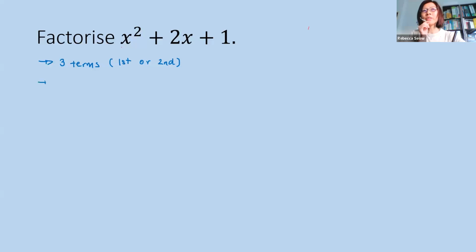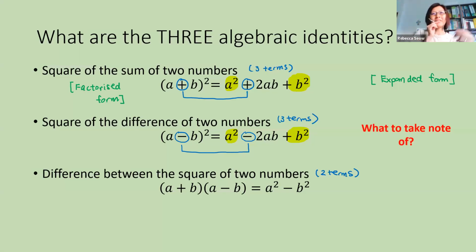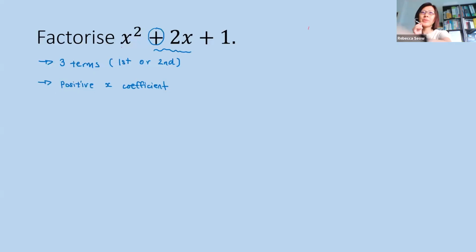Now, the next thing to observe would be the middle term, plus 2x. The sign that goes with it is addition. So it's a positive x coefficient. Now, if it's a positive x coefficient, come back to the previous slide, you notice that it applies to the first identity only. So we would have narrowed this down to it being the first identity.